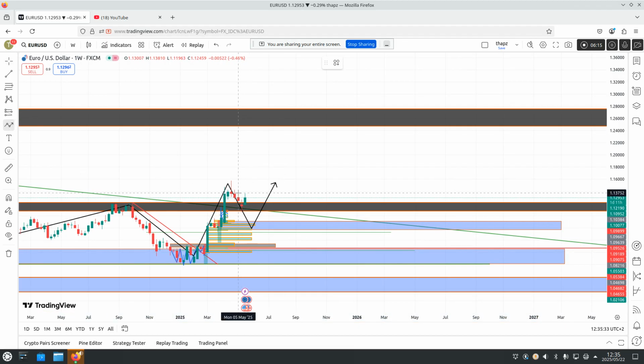It can just move from here to here, because the impulse started from this lower low, so it can open up to here. We should expect those buys.